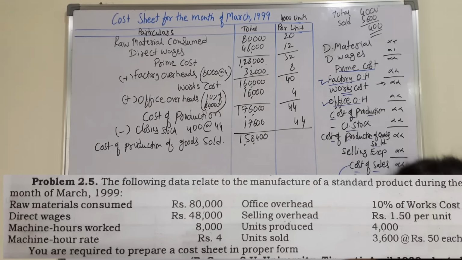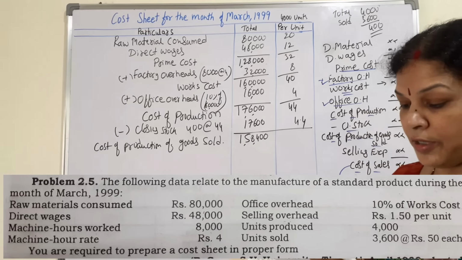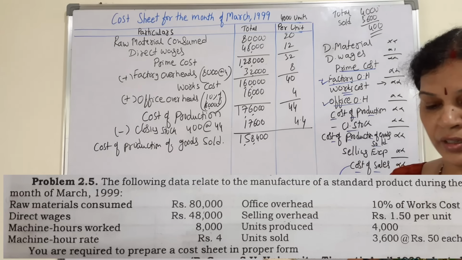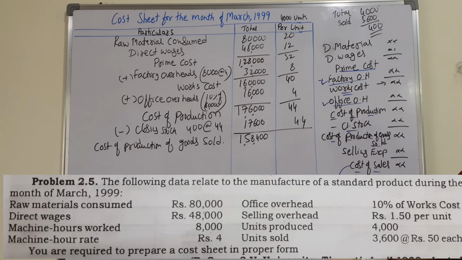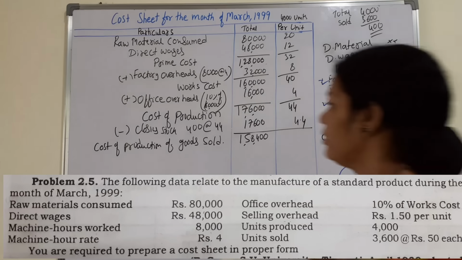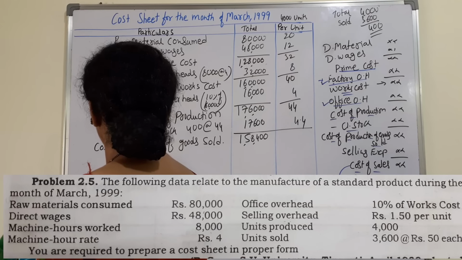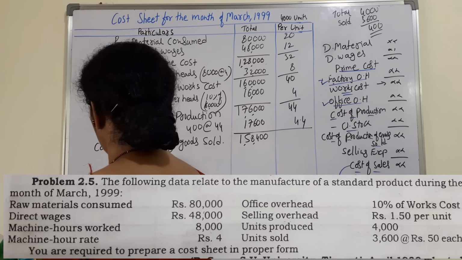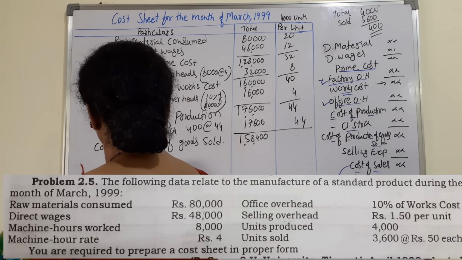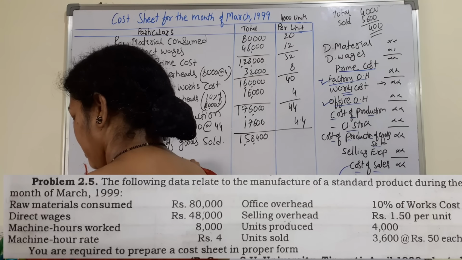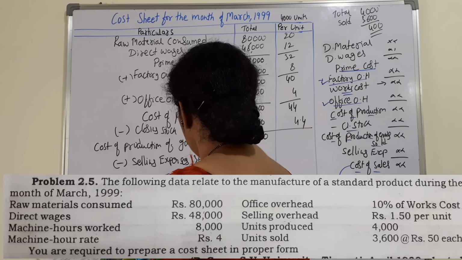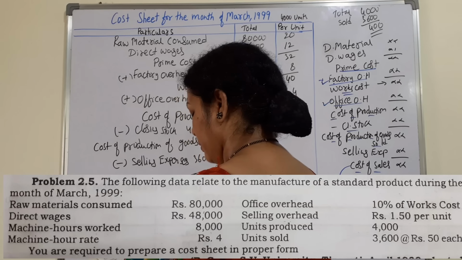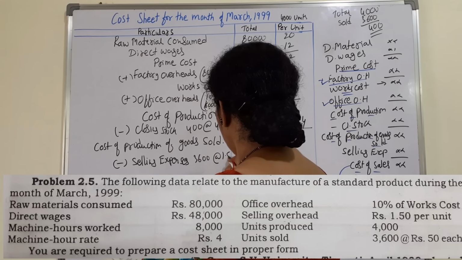And also there is selling expenses, right? So selling expenses are here. 3,600 sold at the rate of how much? 50 paisa each. Okay. So plus selling expenses. Selling expenses are 3,600 sold at the rate of 1 rupee 50 paisa.